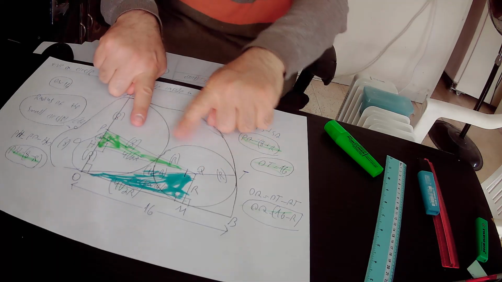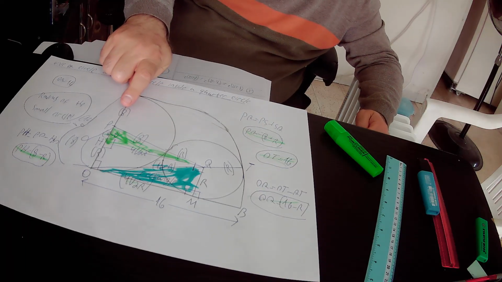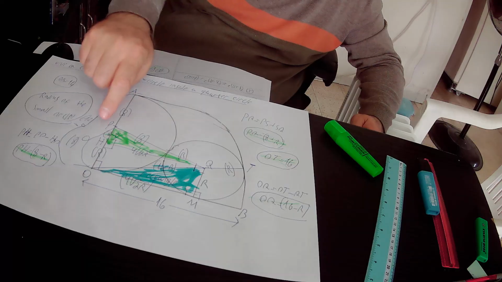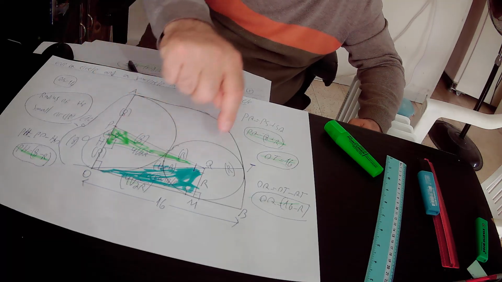You can see here, 8 plus R. In the next step, I copied the green right triangle PHQ onto a new page and we implemented the Pythagoras theorem on this right triangle PHQ.